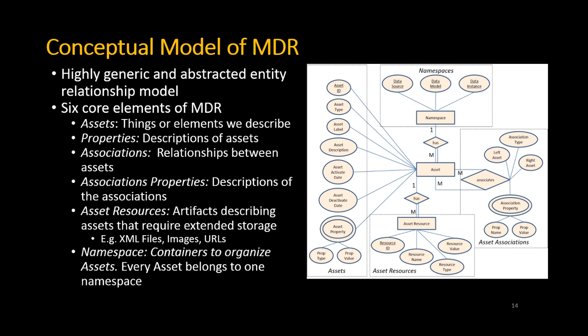All assets belong to a particular namespace. So the namespace is like the container to hold or group assets together. And optionally, you can also have resources, things like large files and URLs, as resources for each asset as well. So it's a very generic and dynamic platform.